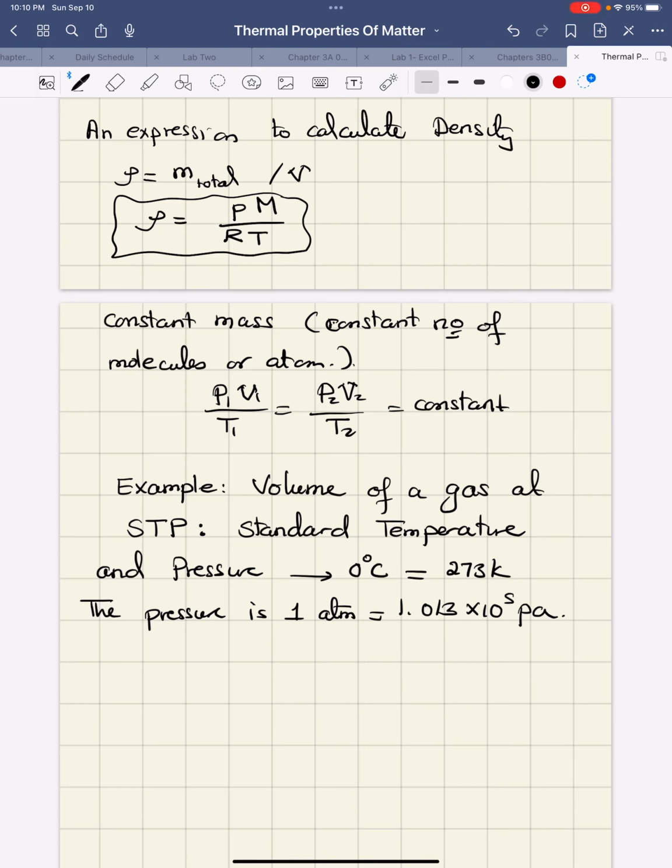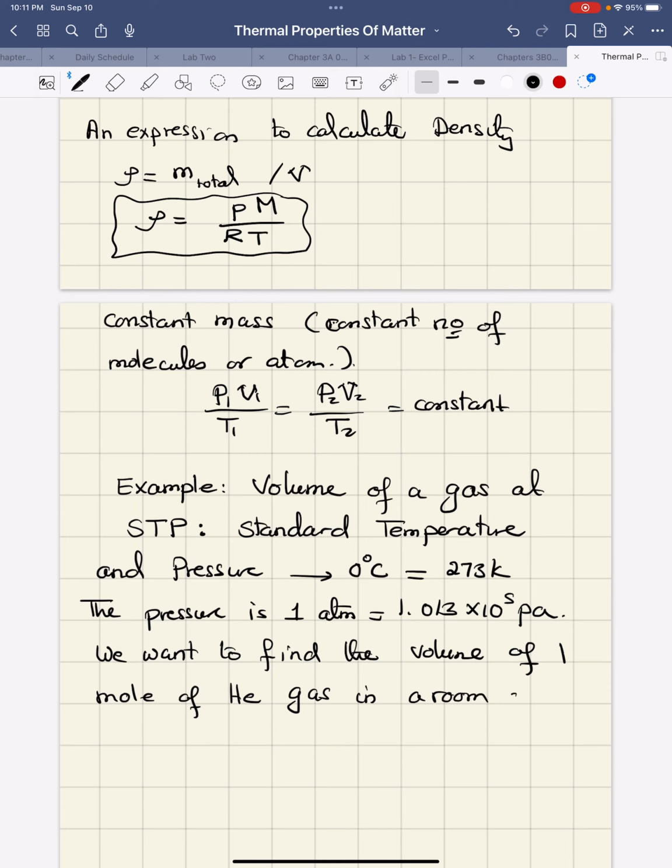We want to find the volume of 1 mole of helium gas in a room at STP.